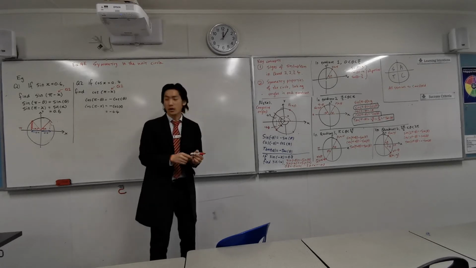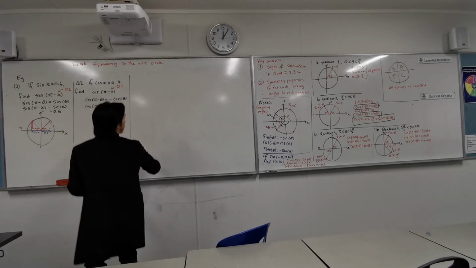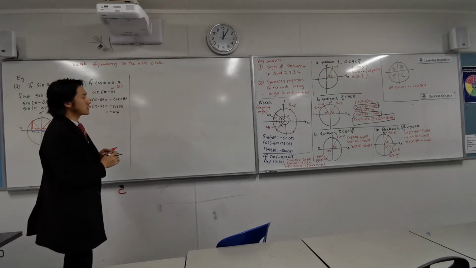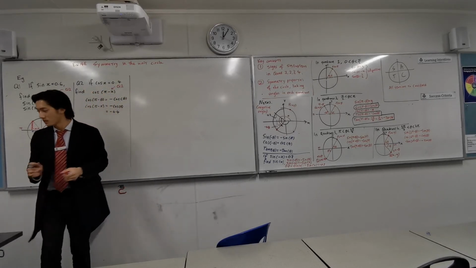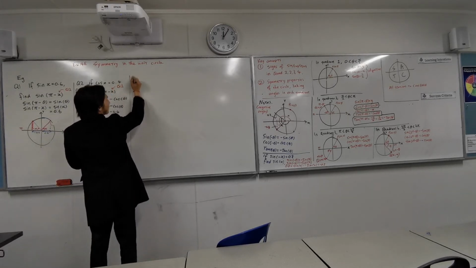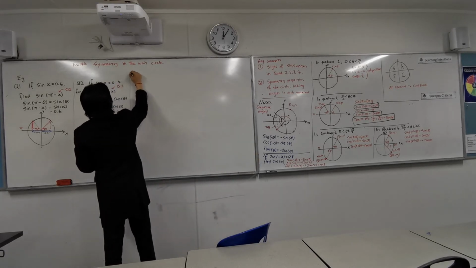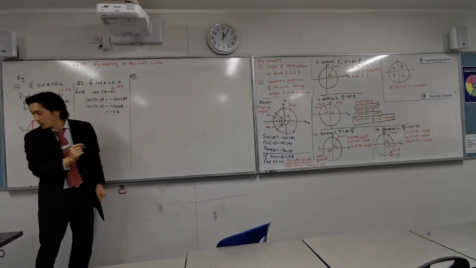Okay, so we're going to finish up by doing a few more examples. We're done with the notes now, and these are the following examples. So we've done question 2. You can consider this like question 2.5. Question 3.